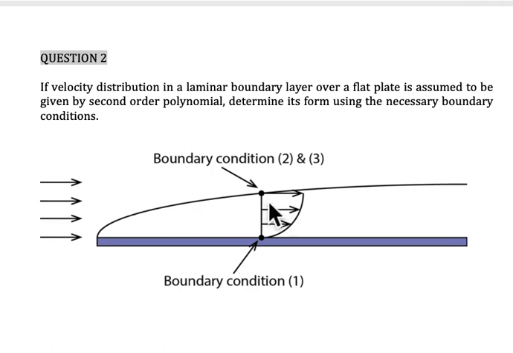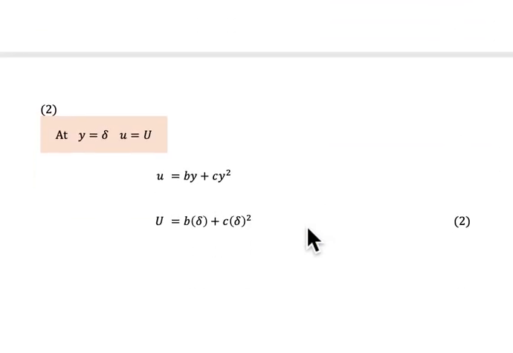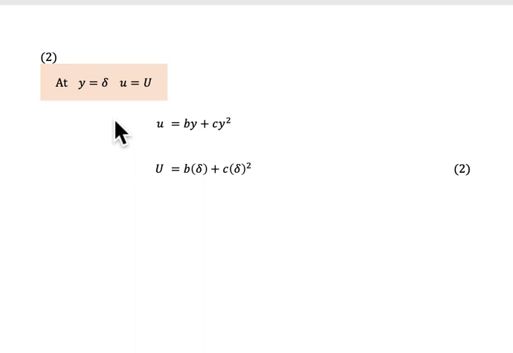That's why small u at this point is equal to capital U. Small u is the local velocity in this velocity profile, and capital U is the free stream velocity. We substitute y equal delta and small u equal capital U in the velocity profile, and it becomes this one. We state this as equation number 2.